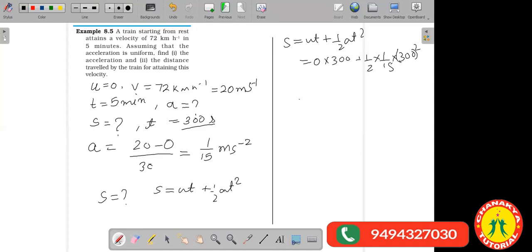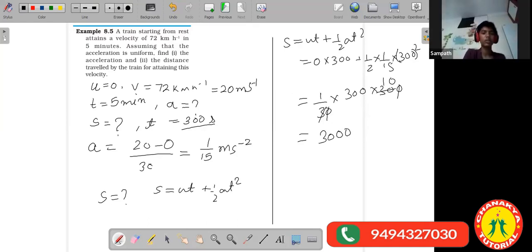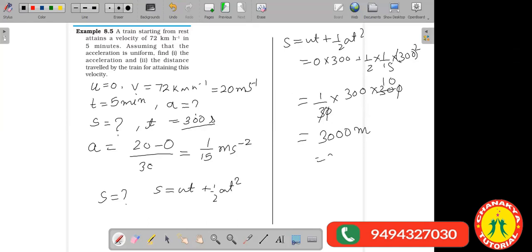That gives 1 by 30 multiplied by 300 multiplied by 300. The zeros cancel, the 3 cancels with the 30, and you get 3000 meters. And 3000 meters is nothing but 3 kilometers, right?